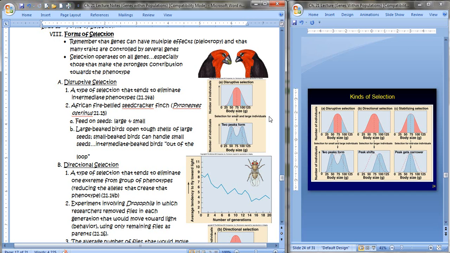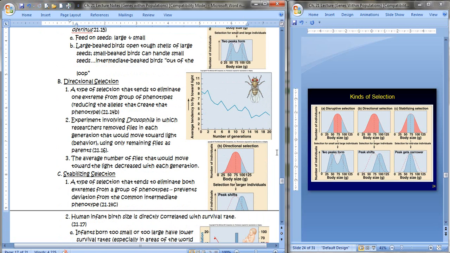But the intermediate beaked birds are really kind of out of the loop because there aren't seeds in their habitat of an intermediate size. So over time, what you see is two peaks forming in terms of which beak size is going to work best in this habitat. And so over time, you might expect these two to become so dissimilar that they could no longer interbreed if they keep to themselves.